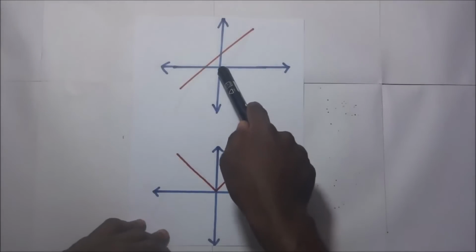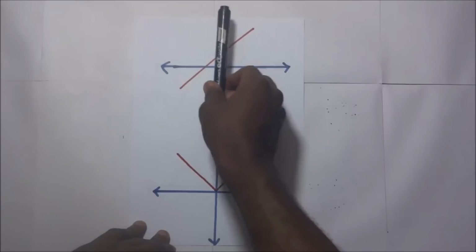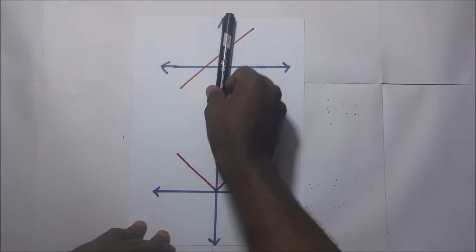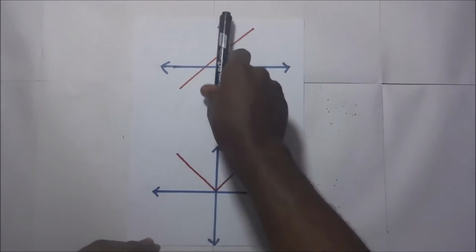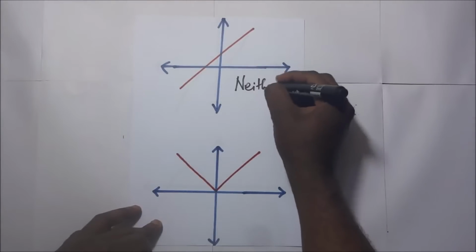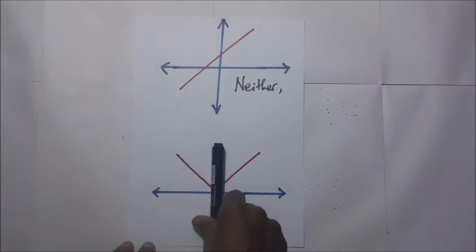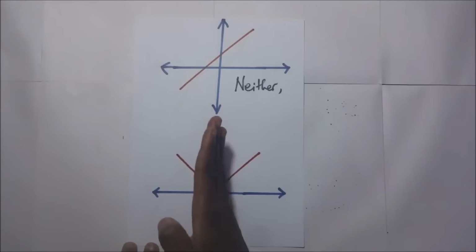If you look at this one, it's not having a rotational symmetry about the origin, and it is not symmetrical about the y-axis, so this one is neither odd nor even. Then looking at this function, it is symmetrical about the y-axis. In other words, it's more like a mirror.